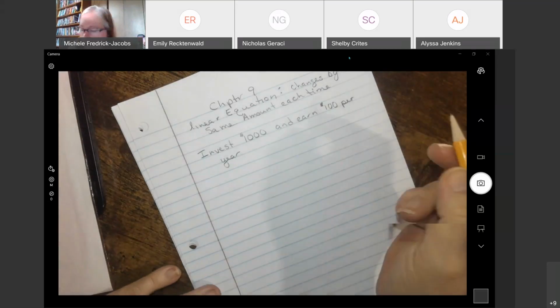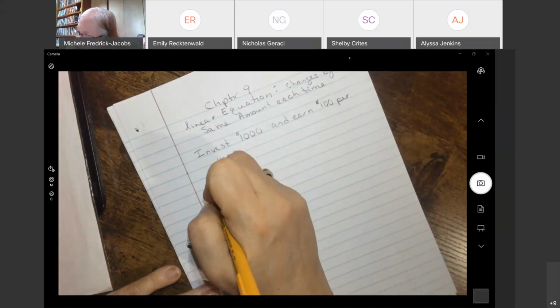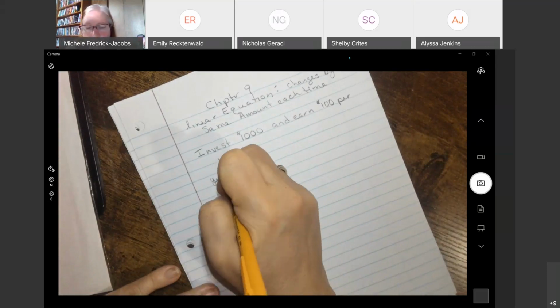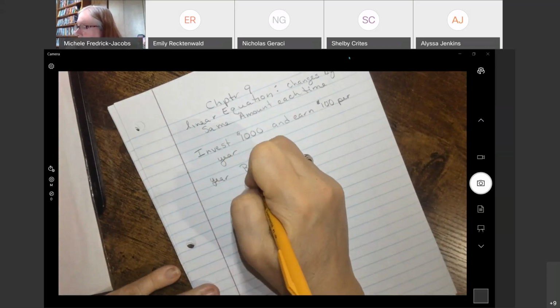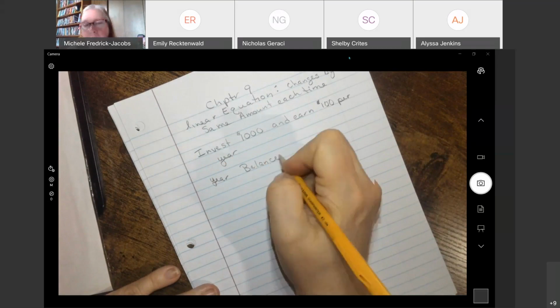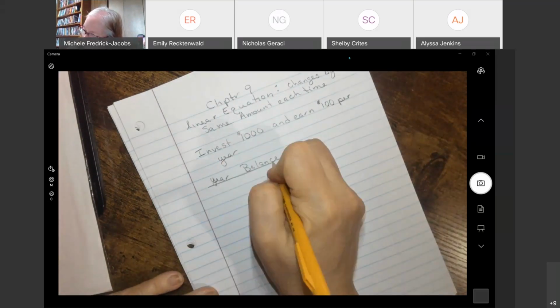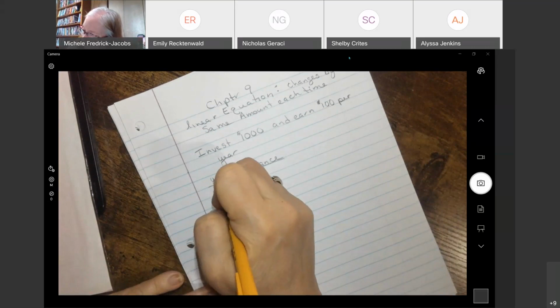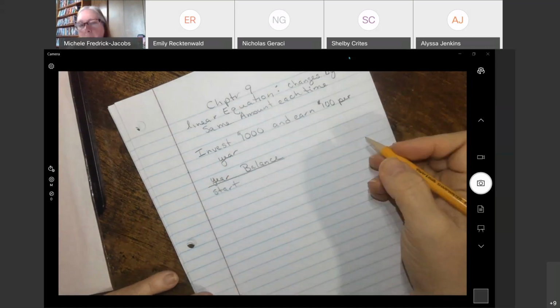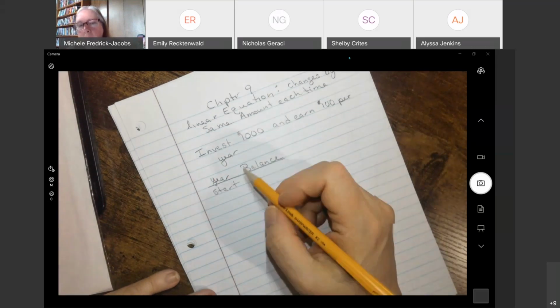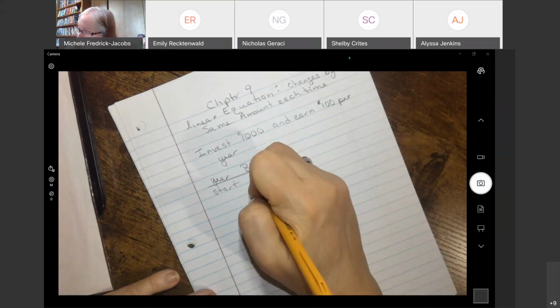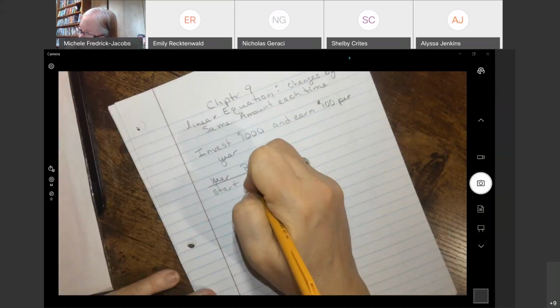An example we could do. We will also learn how to do this on Excel today. But if we start and we do this example, we open an account and we put $1,000 in it.